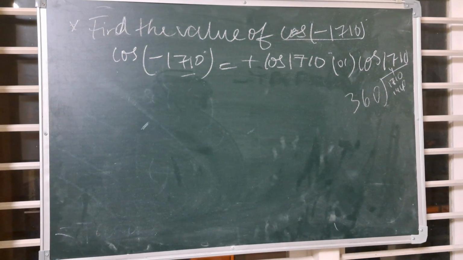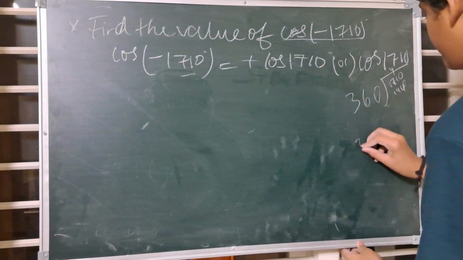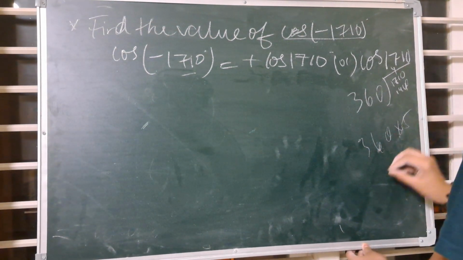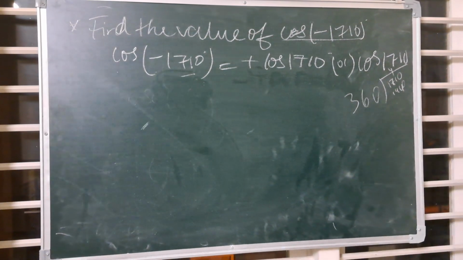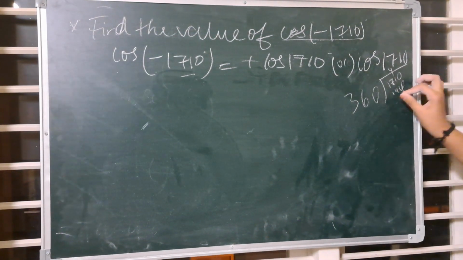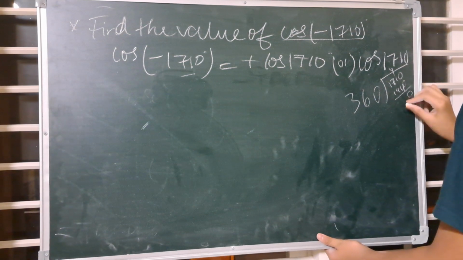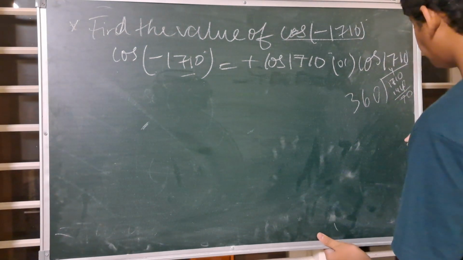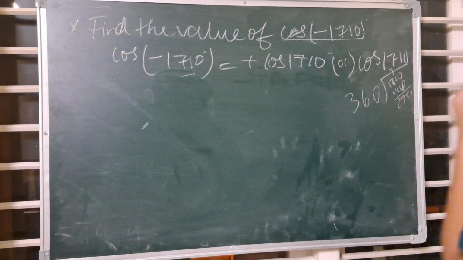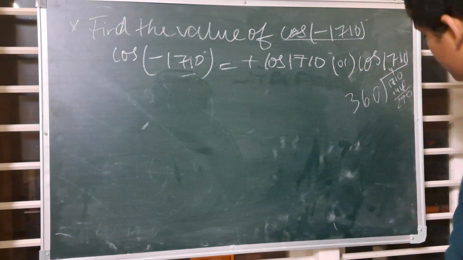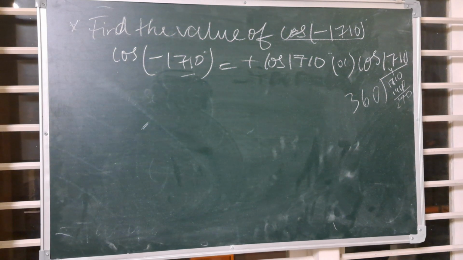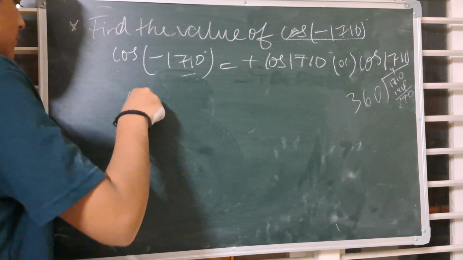So we take it as 1440 and we get the remainder as 270. Yes, now cos 270.